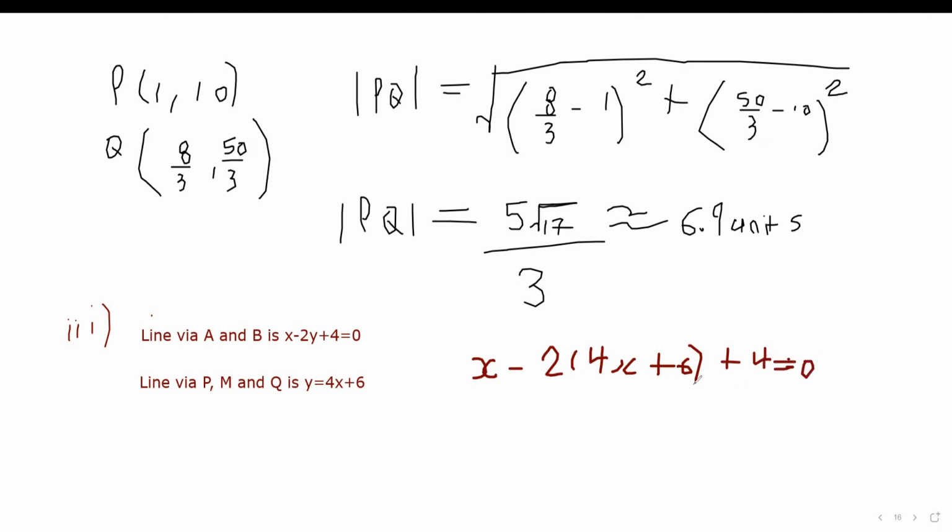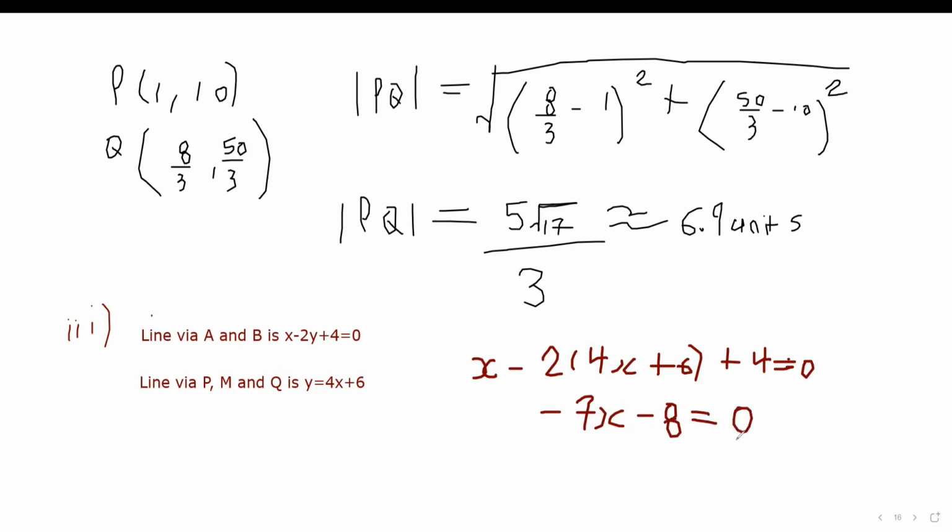Let's finish this. x minus, this is going to become minus 2 times 4 is minus 8, that works out to be minus 7x. Then minus 2 times 6 is minus 12. Minus 12 plus 4 is minus 8 equals 0.